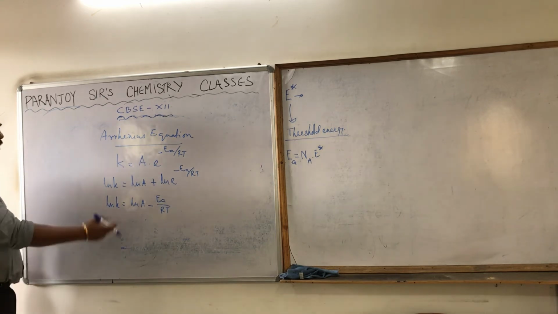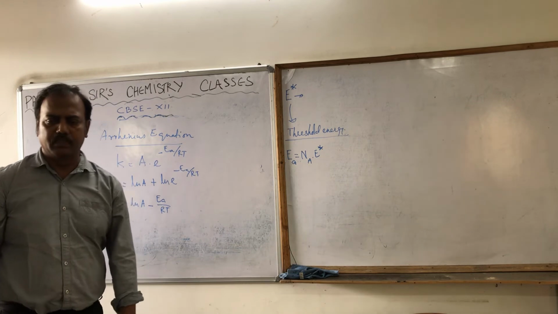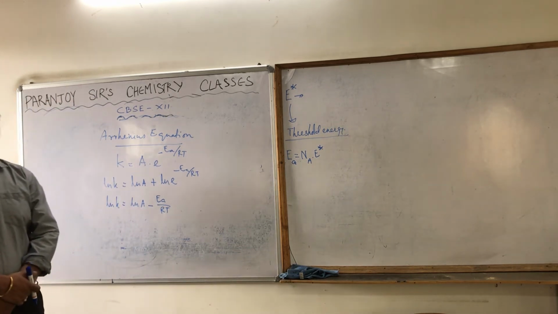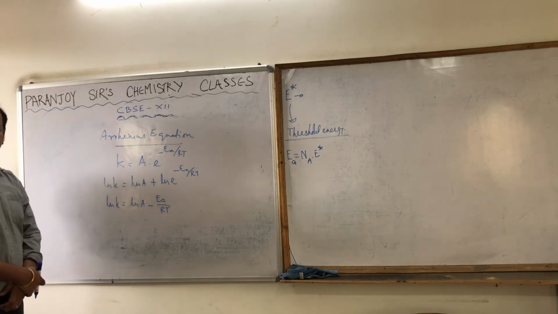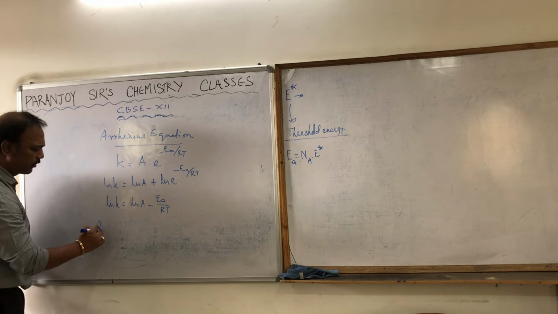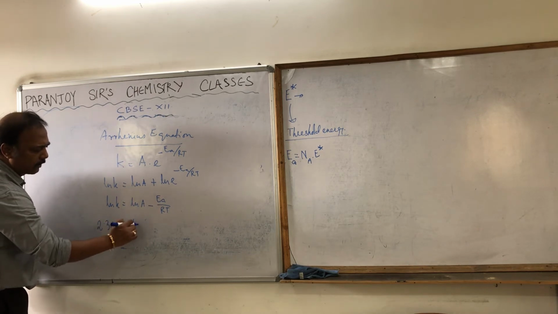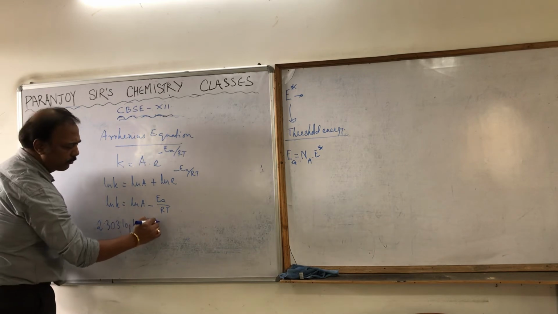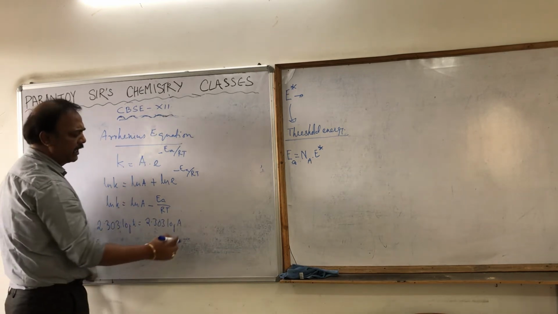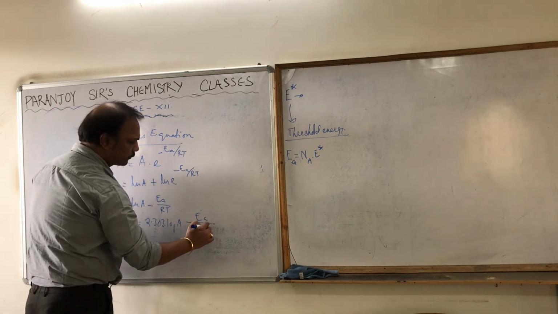Now, next line you write, converting the equation into common logarithm. We get, obviously if we convert it, 2.303 log k equal to 2.303 log A, just converting ln into log, minus Ea by RT.